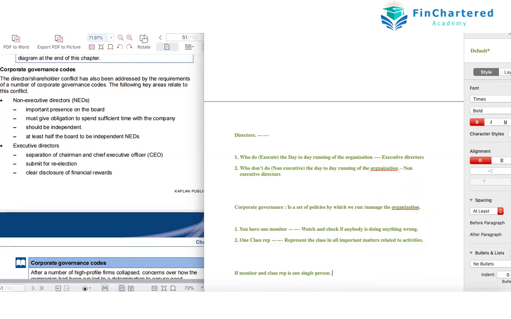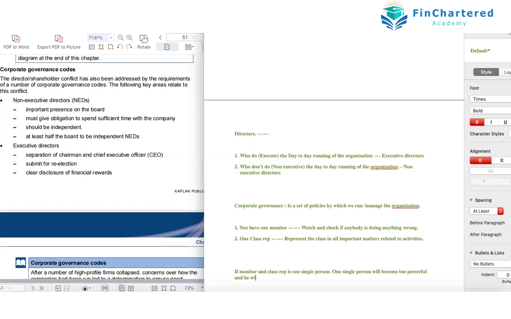Class rep is also powerful. But if one person has both the powers, don't you think he will become too powerful? So if monitor and class rep is one single person, yes, wrong use of power. One single person will become too powerful and he will be able to do what?